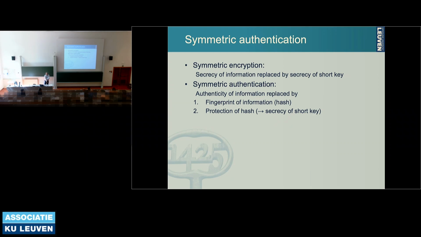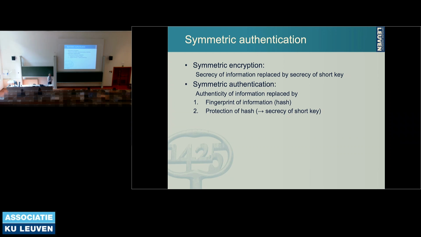Then I will now talk about symmetric authentication. So in authentication, the idea is to protect a message against modification. By protecting against, I always mean that the receiver will notice if something has been modified. Because an attacker can always modify a ciphertext. We cannot avoid that, but we can try to detect when it has happened. So that's what protecting means here.